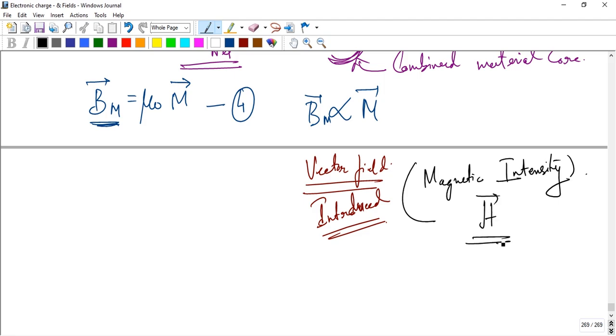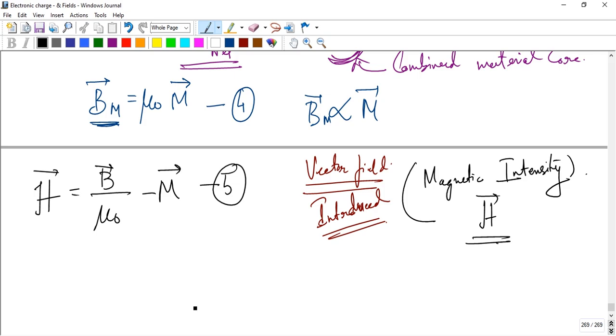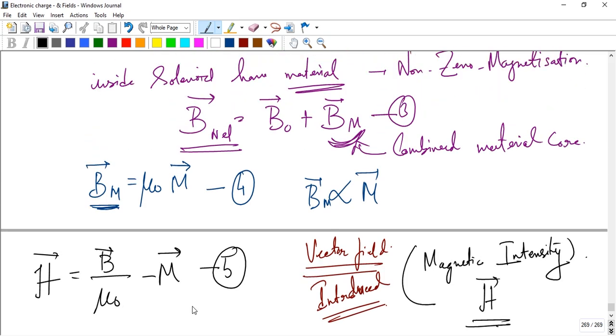This H vector field is equal to B by mu naught minus M. Clear? So H equals B by mu naught minus M. That gives equation number 5.